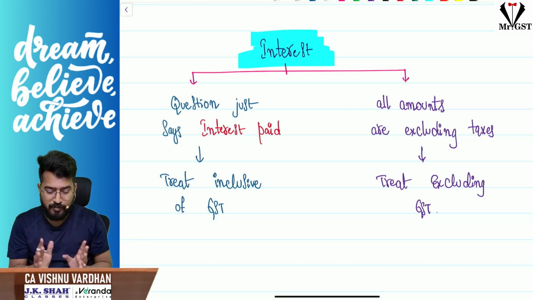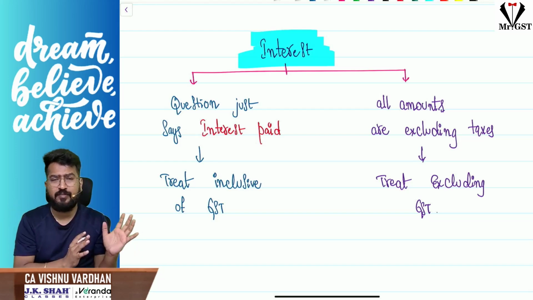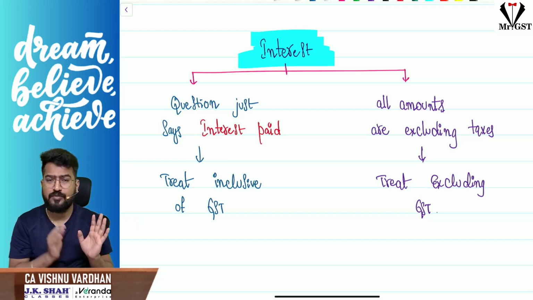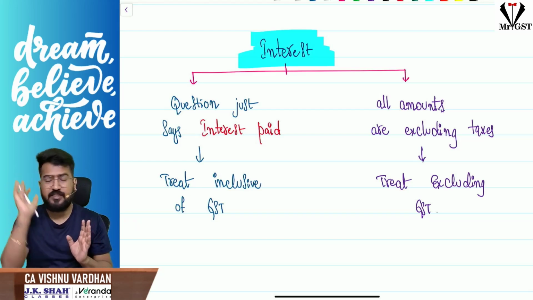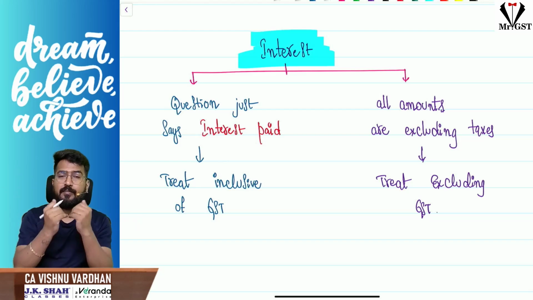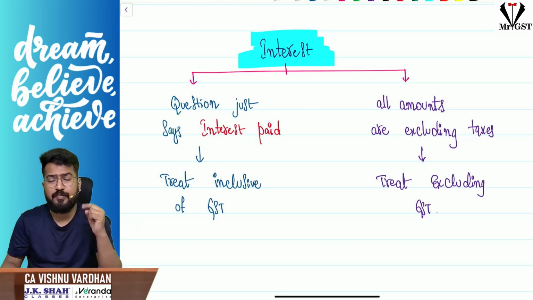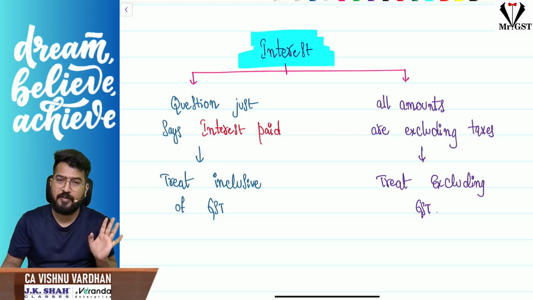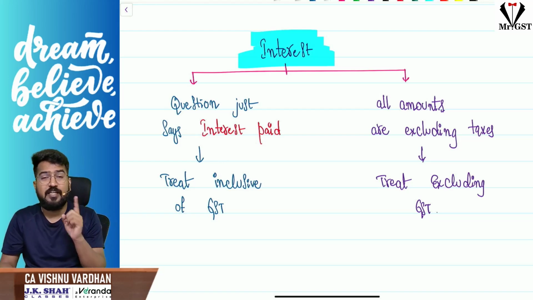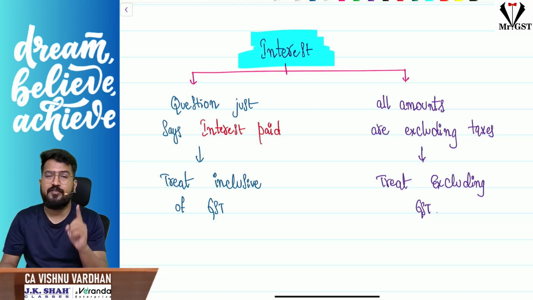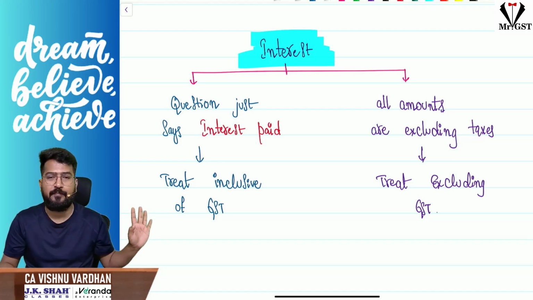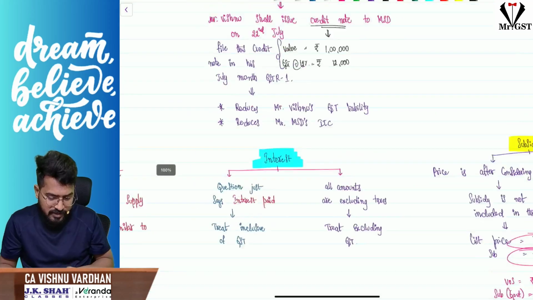So I repeat, if the question says just interest paid, then treat it as inclusive. Or if the question clearly mentions these are excluding taxes, then please treat it as exclusive of taxes. Clear? So I repeat, interest paid for delay in payment of consideration only will be added to the value of supply. Interest for giving a loan is exempt under GST, that will not have any tax implication. Hope it is clear. That is with respect to interest.